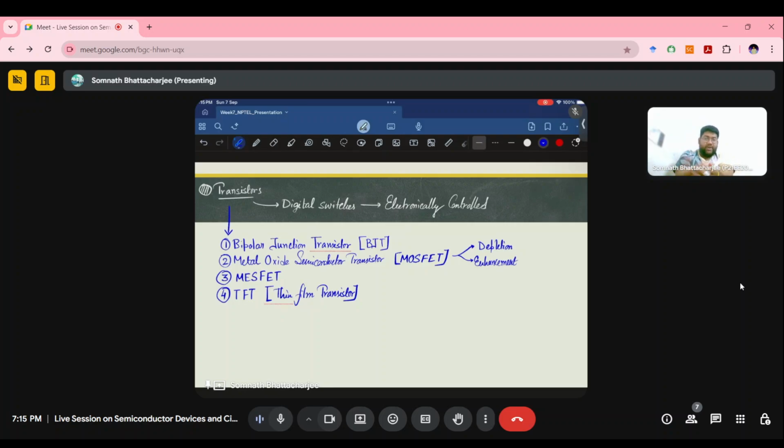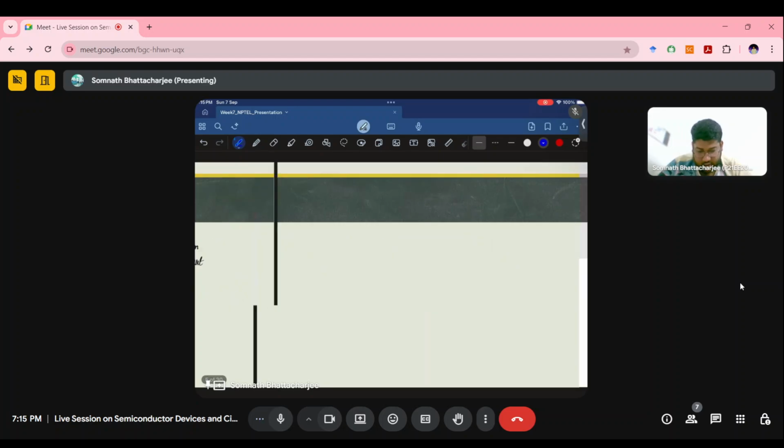These are different kinds of transistors, and one of the simpler and easier to understand at first is the BJT, that is the bipolar junction transistor. As we have already learned about the junctions, it will be easier to understand this. So our main focus for this class will be bipolar junction transistors. Let's move on to this.